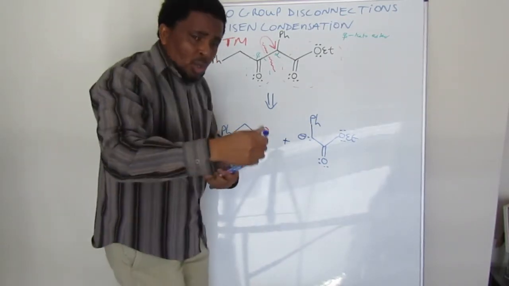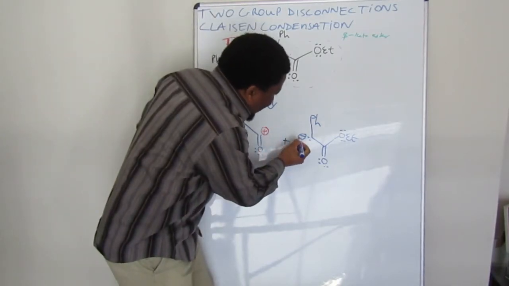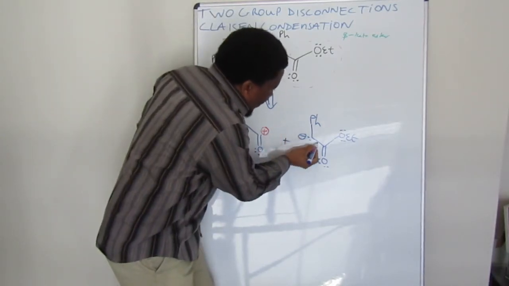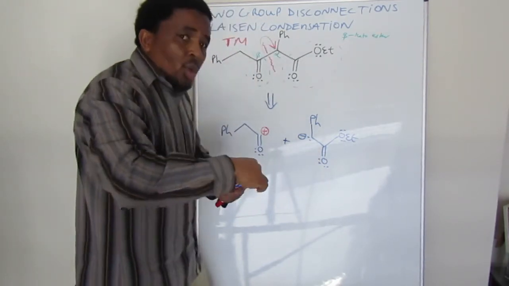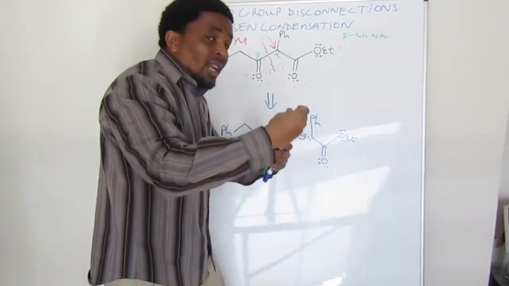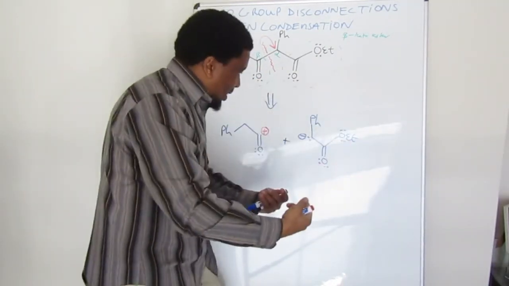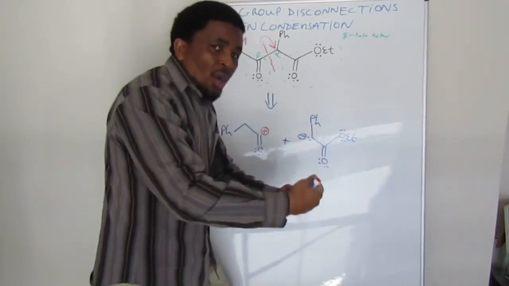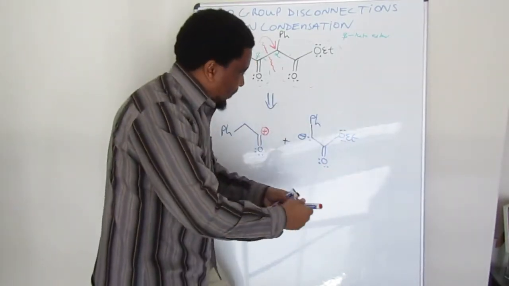Now let's look closer. What's going to happen here is that I have generated a negative charge. There's a single bond here, and there is a source of electrons here. So there's what we refer to as conjugation. So there is a possibility of the movement of the electron density, of the electron cloud.